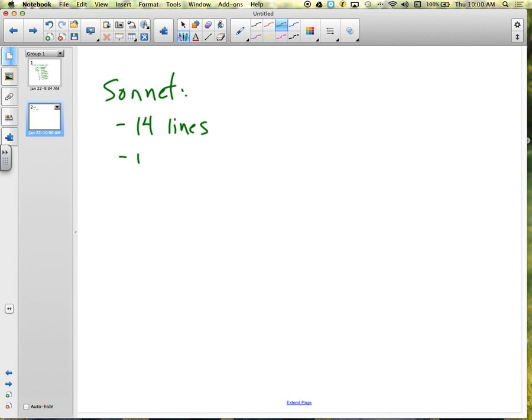And it is also iambic pentameter. So we just learned that today. It means that it is unstressed, stress, five times. It's written in iambic pentameter. So that makes writing a sonnet a little more challenging because you have to worry about the rhythm.